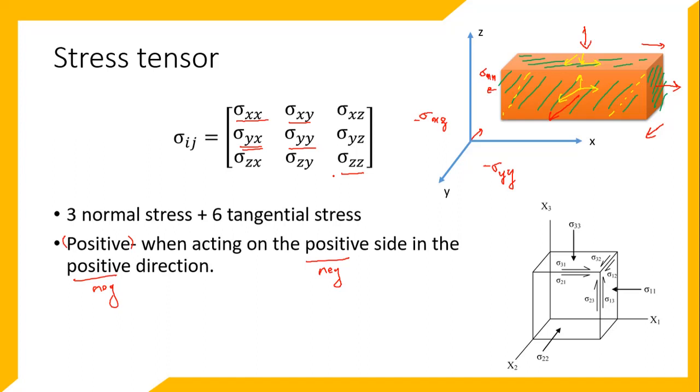In case the stress was just a vector, we would have only three components, say sigma x, sigma y and sigma z, in a column vector. Here this is not the case because we have to account for the tangential stress also.